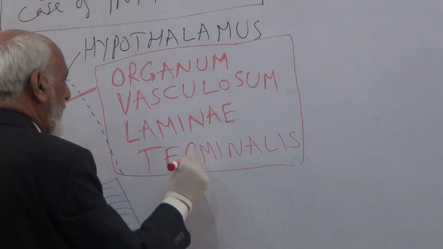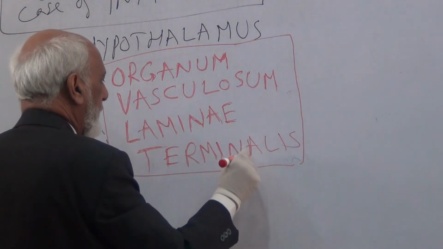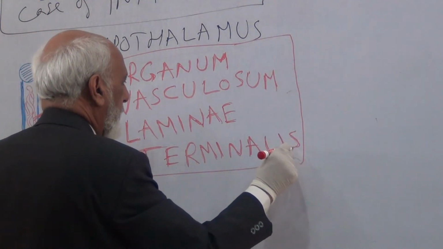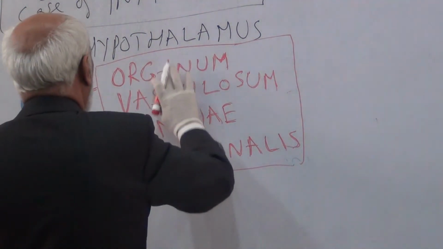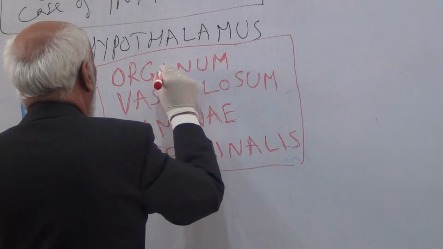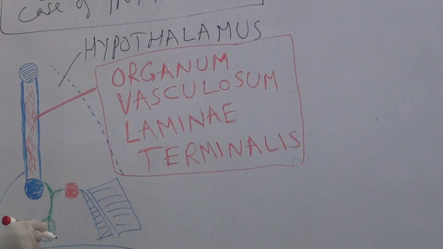This bunch of blood vessels in the lamina terminalis is the organum vasculosum laminae terminalis.